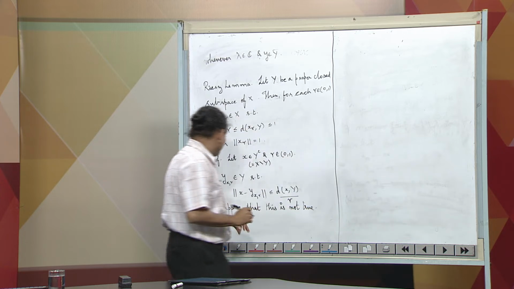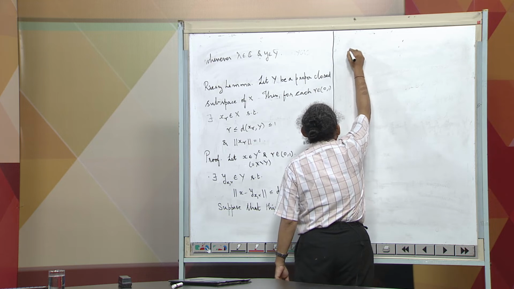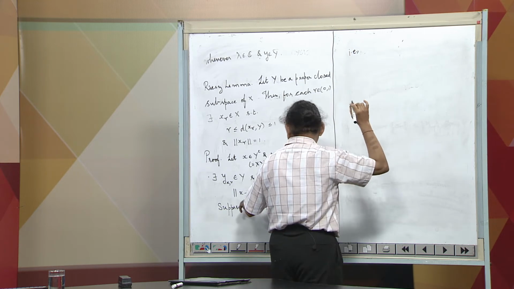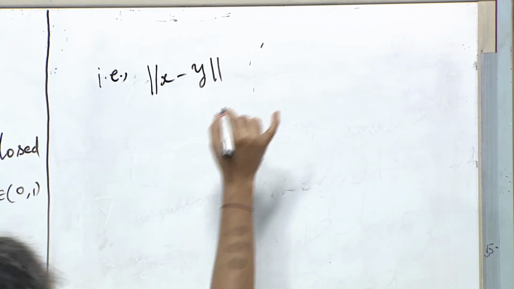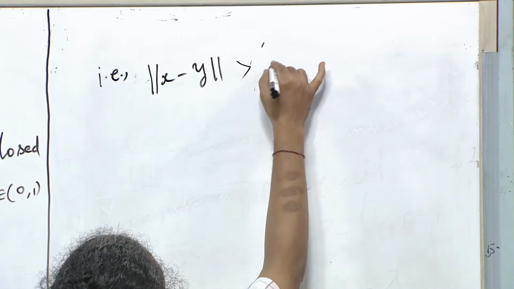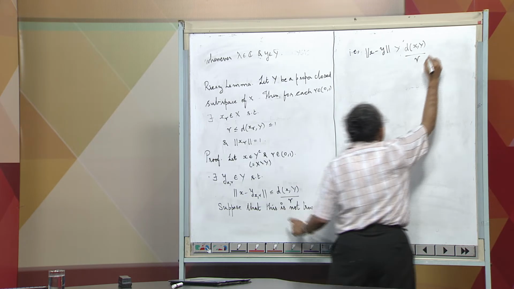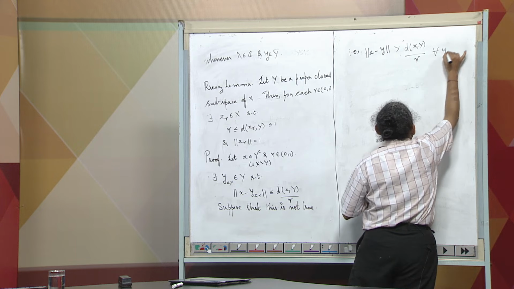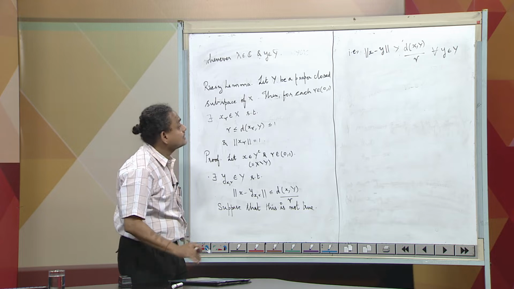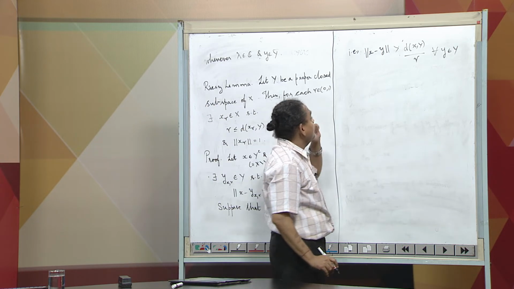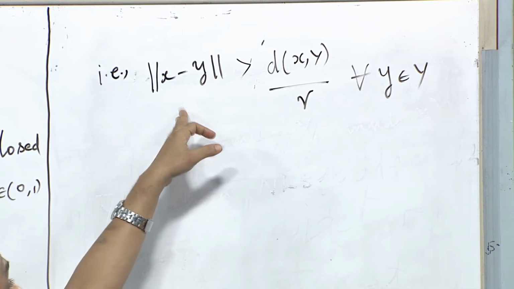If you cannot find y_{x,r}, that means norm of x minus y is always greater than the distance between x and Y whole upon r, and this is true for all y in Y. So, how is this going to affect us? If you notice, your right hand side is independent of y, while the left hand side has got y.